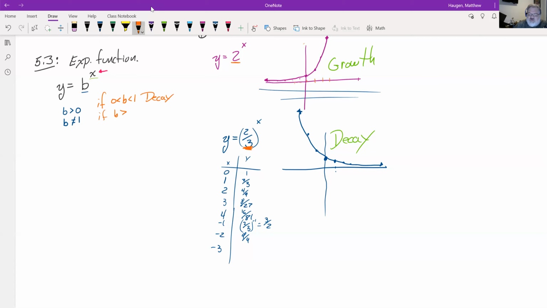If b is greater than 1, it's going to be a growth function. That all seem reasonable?